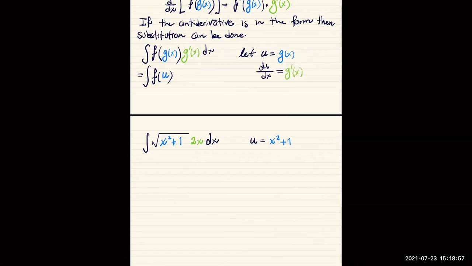And we call this the derivative relation. This is the actual relation, this is the derivative relation. What you do next is multiply both sides of this by dx. You're going to get du equal to g prime of x dx.